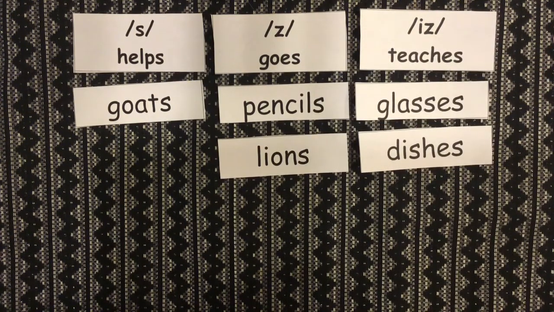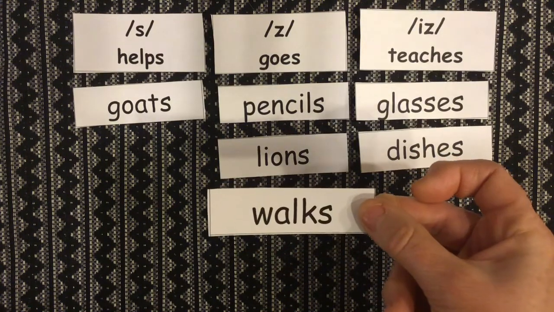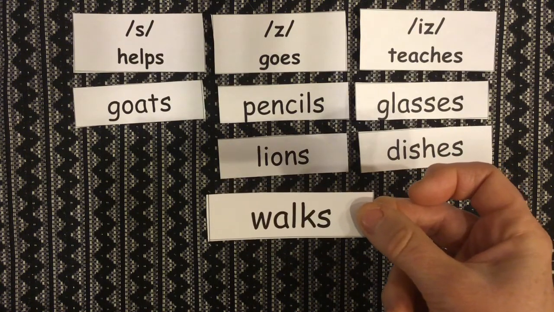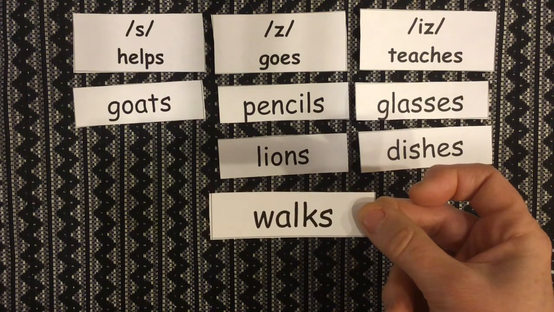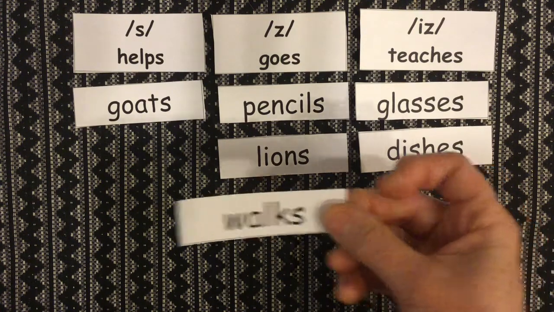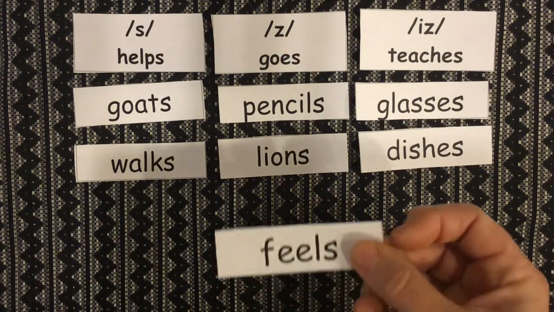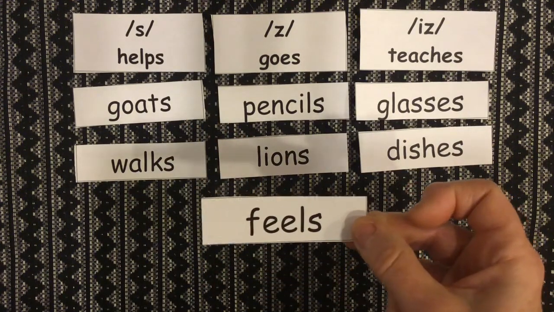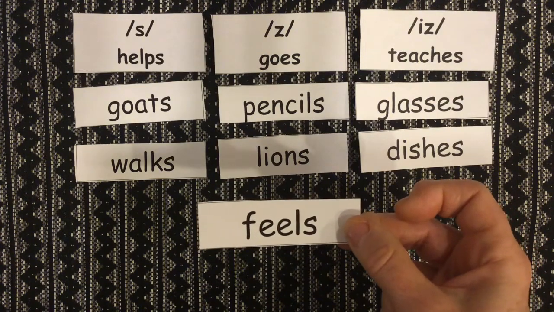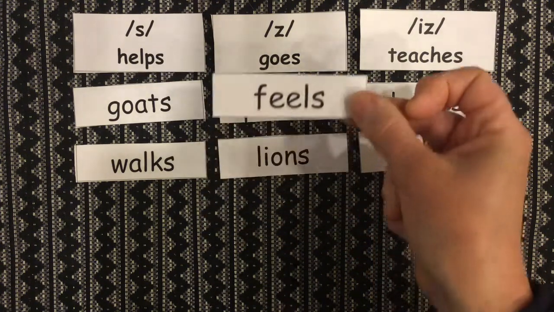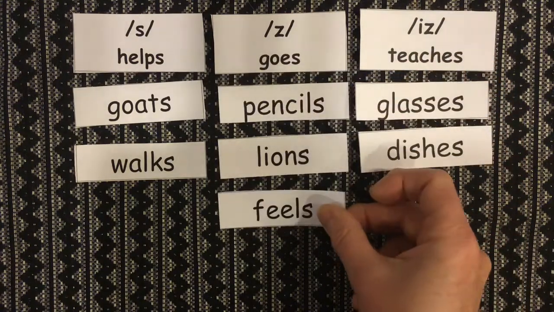Here's another one. Let's see. Walks. What's the ending sound? Walks. S, s, s. Goes right over there. Okay. Feels. Feels. Z, z. Did you hear the z sound at the end?